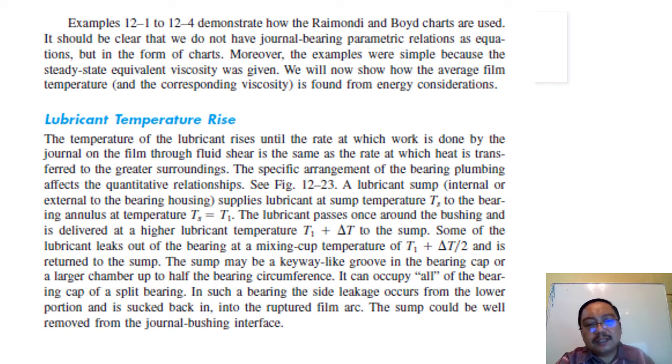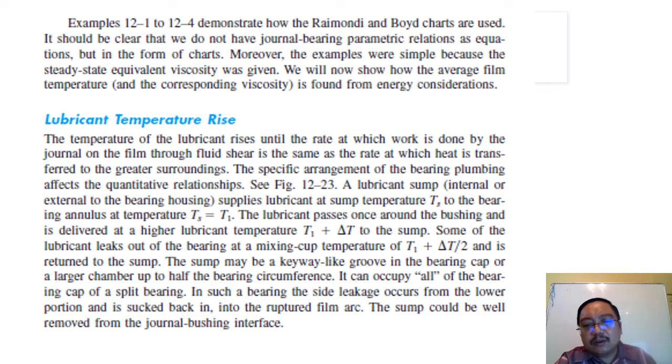So at temperature Ts equals T1, the lubricant passes once around the bushing and is delivered at a higher temperature. Some of the lubricant leaks out of the bearing and the mixing cup temperature is T1 plus the variation of temperature, and is returned to the sump. The sump may be a keyway-like groove in a bearing cap or a larger chamber, up to half the bearing circumference.